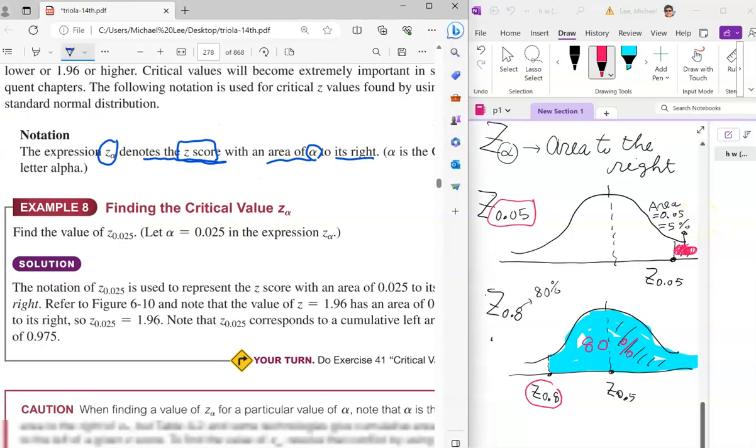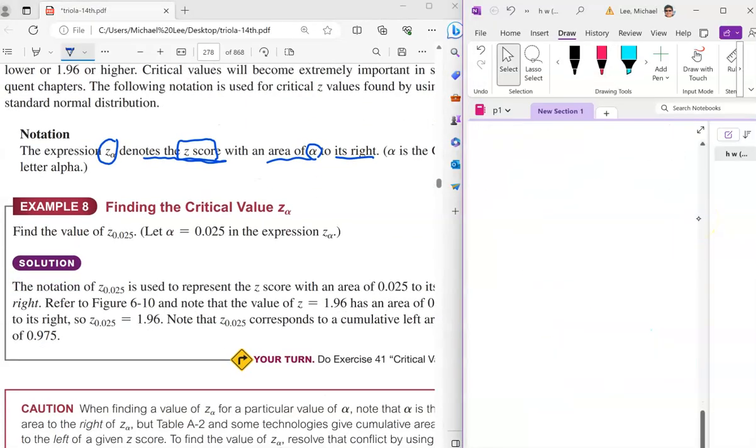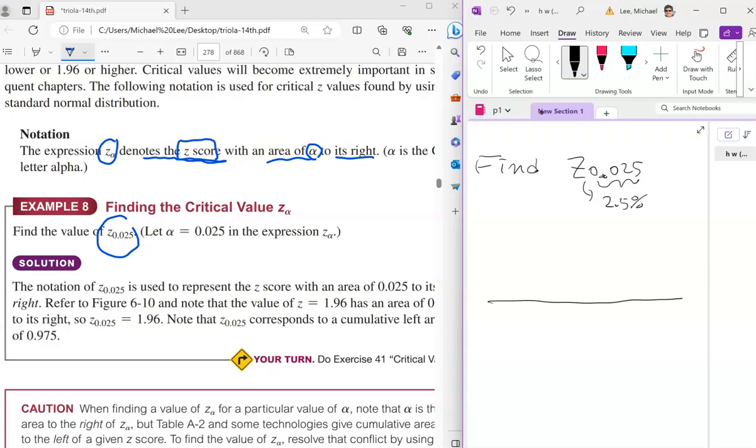Okay? So let's look at this. Find the value of this. Okay? Find z 0.025. So the area is, this means 2.5%. Okay? So this is 2.5% or 0.025. So this point is called z 0.025.